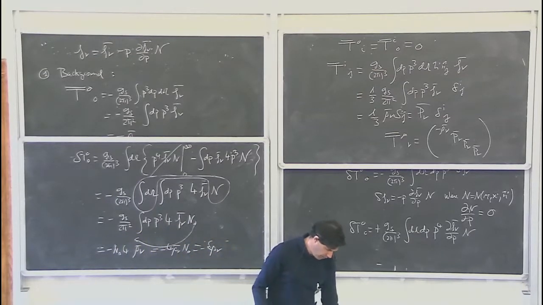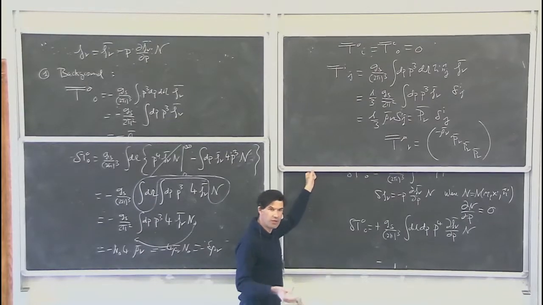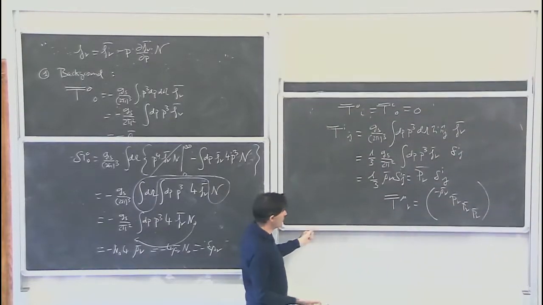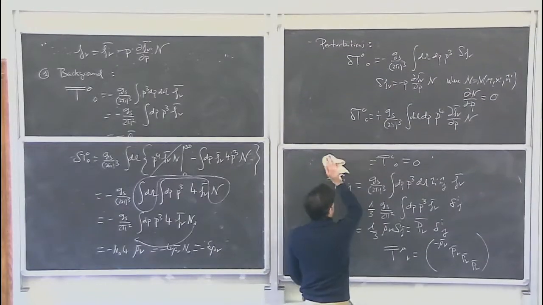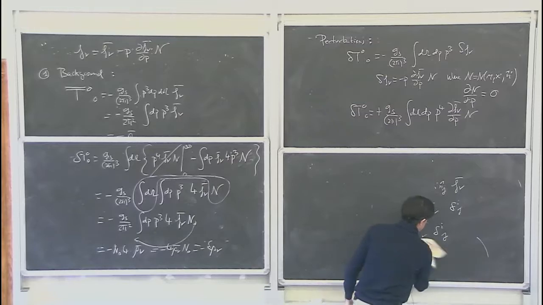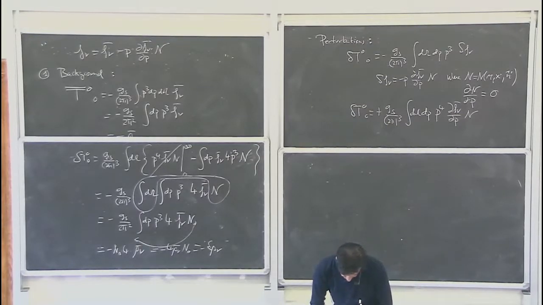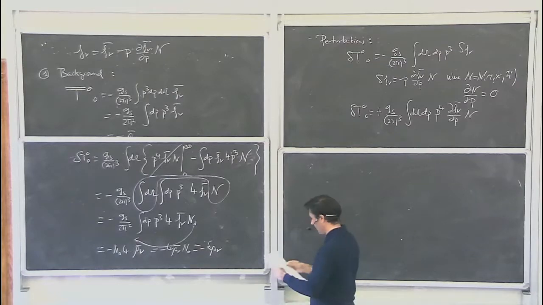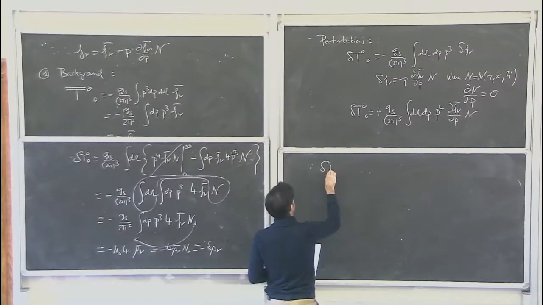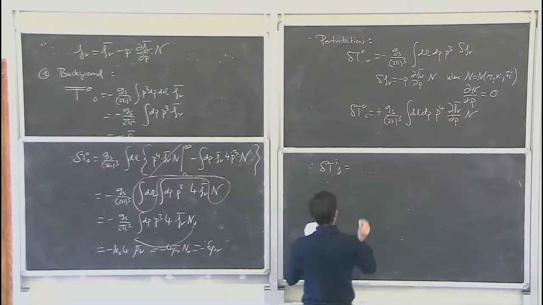So you do the same for the n naught i, and now we'll do the ij, which is the component relevant to the anisotropic stress. So let's start again.